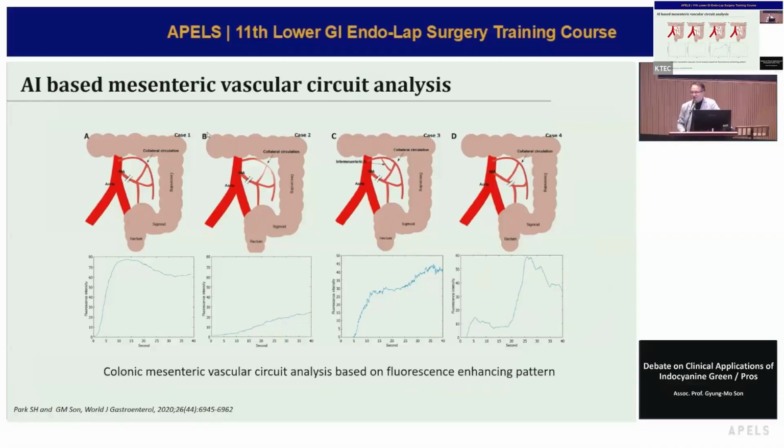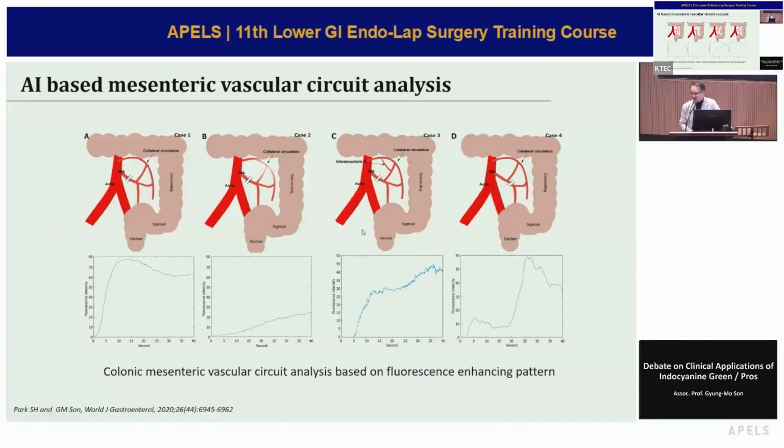Like this, patient A has a normal vascular structure, so that shows just a normal graph. Patient B has a very weak Griffiths point around the splenic flexure, so this patient has very slowly increasing fluorescence intensity.